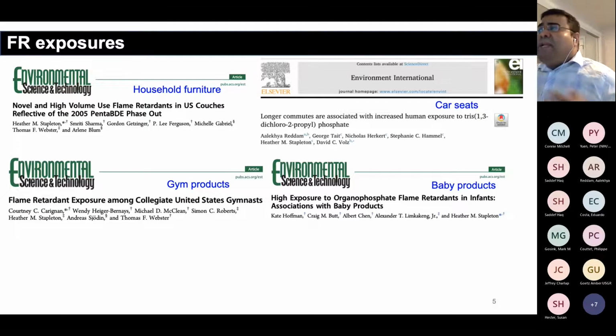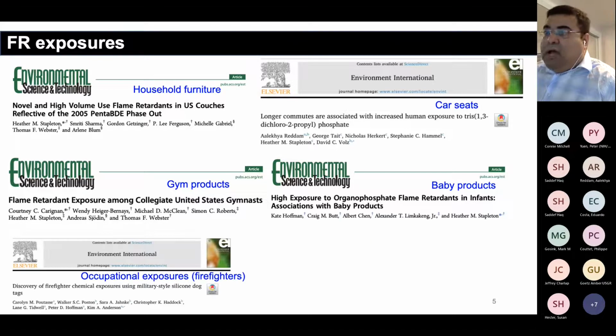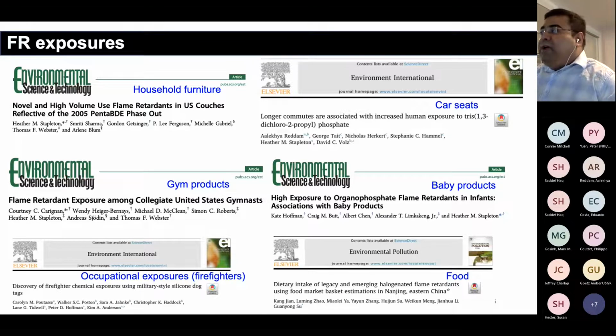They have been detected in baby products as well. In fact, one of the earlier toxicity concerns of flame retardants in the 1970s and 80s was associated with baby clothing or children's clothing. There's also occupational exposures for flame retardants for firefighters because of the nature of their job. And finally, many flame retardants, including the more persistent halogenated ones, can be present in food through bioaccumulation in the food chain.